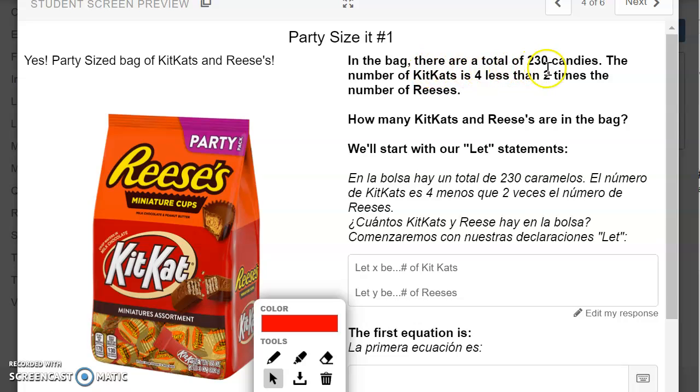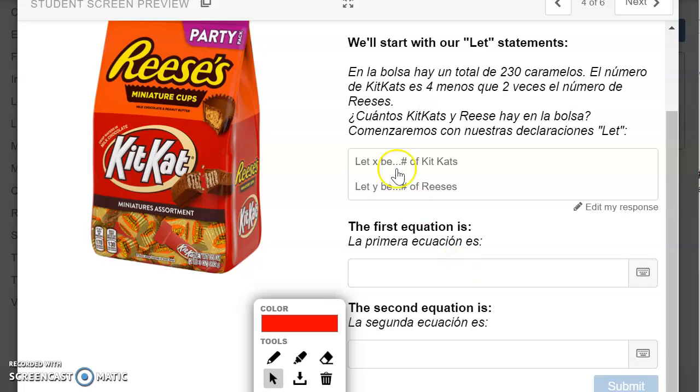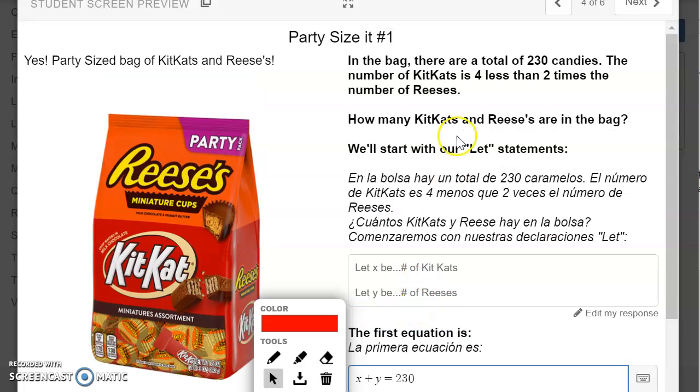There are a total of 230 candies. That means when you add the number of Kit Kats and the number of Reese's, you should get 230. So that means x plus y is equal to 230. That's my first equation.